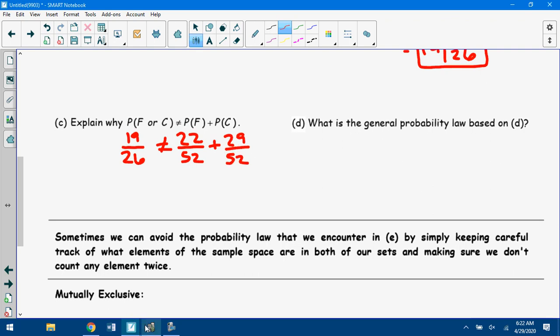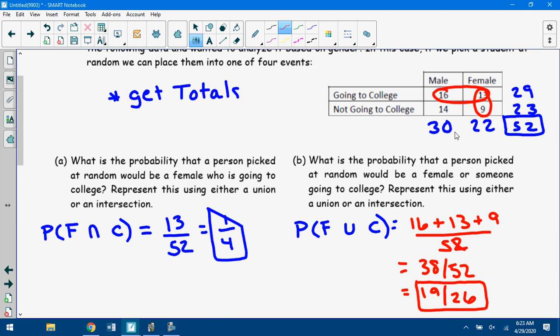And if you try this, 22 plus 29 is 51 out of 52. And those obviously aren't equal. Why are they not equal? For the same reason they weren't equal a second ago. If I just take this total plus this total, I'm counting that overlap twice.